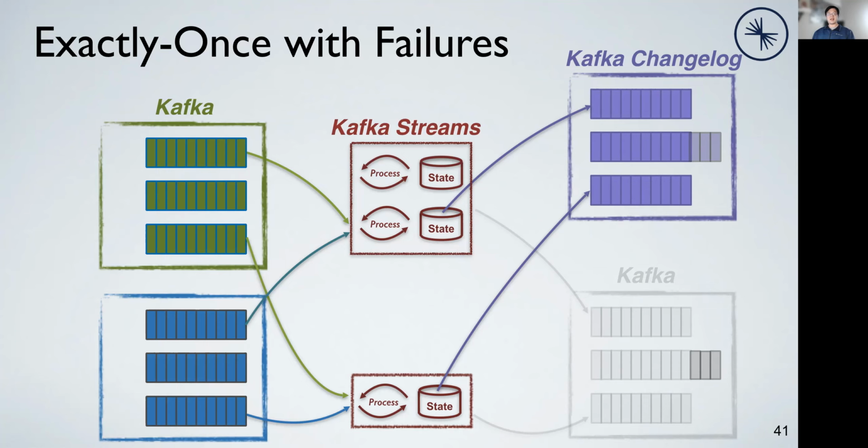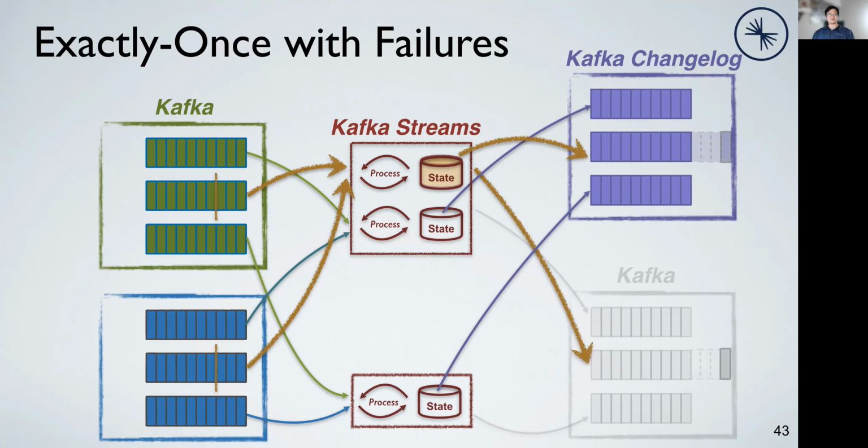And upon resuming the task, Kafka Streams would reinitialize the transaction status, effectively making the current dangling transaction aborted. And then it can rebuild the state by reading the committed changelog records, and also reset its reading position on the input topics from the last succeeded transaction, which would align consistently with the restored state. And from there, it can continue processing.